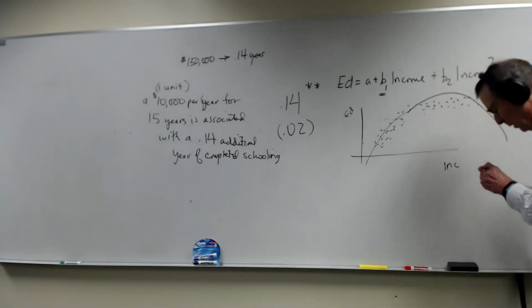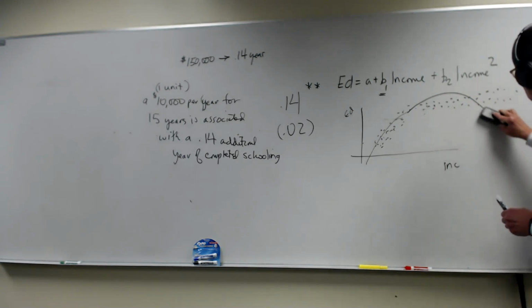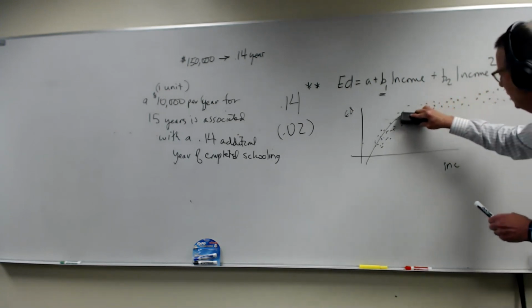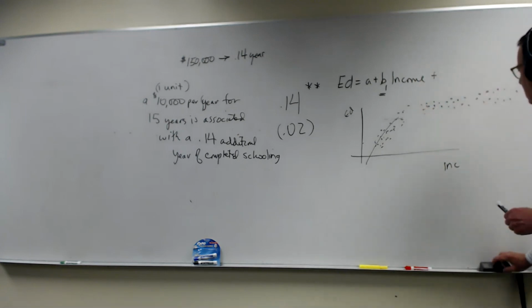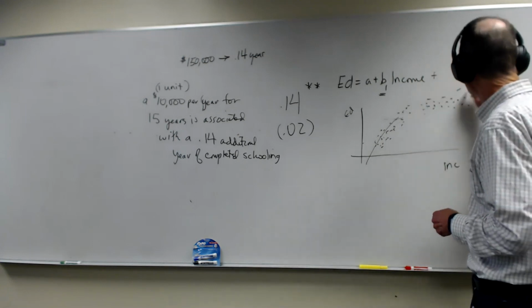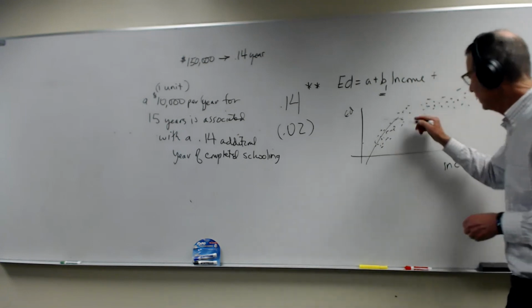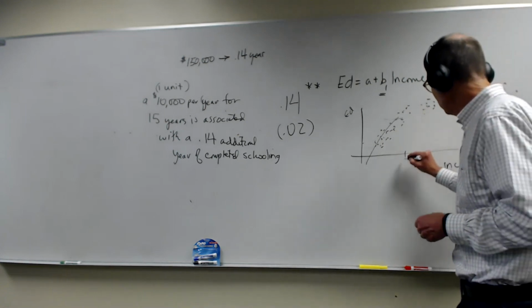So we had that problem with this article, and we came up with different approaches. In fact, the data kind of looked like this. There was a pretty steep relationship between income and education below about $20,000.